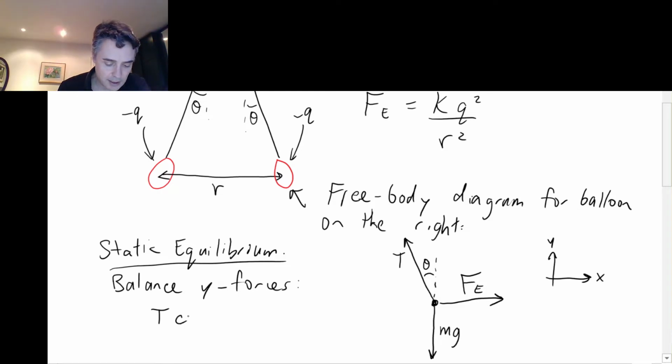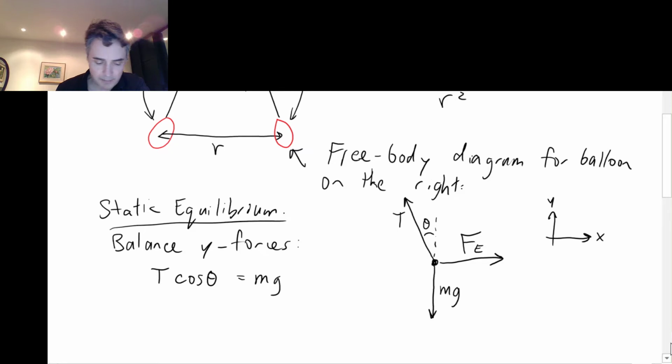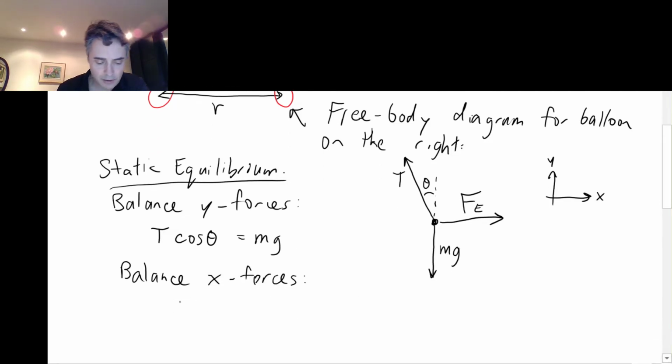So I would say T, tension, times cosine of theta is equal to mg. And if you balance the x forces, everything pulling to the right minus everything pulling to the left should be equal, then I would say T sine theta is equal to F sub e, which is equal to this k q squared over r squared.